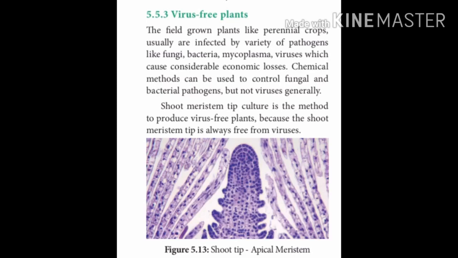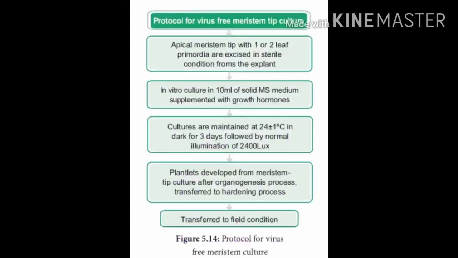Apical meristem tip with 1 or 2 leaf primordia are excised in sterile condition from the explant. In vitro culture in 10 ml of solid MS medium, supplemented with growth hormone, is taken. Cultures are maintained at 20 degrees plus or minus 1 degree Celsius in the darkness for 3 days, followed by normal illumination of 2400 lux.